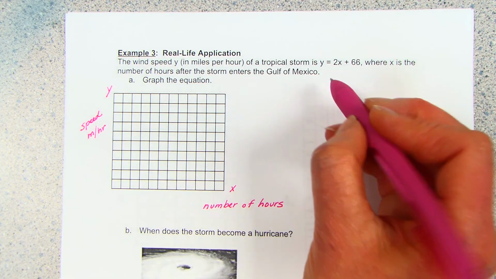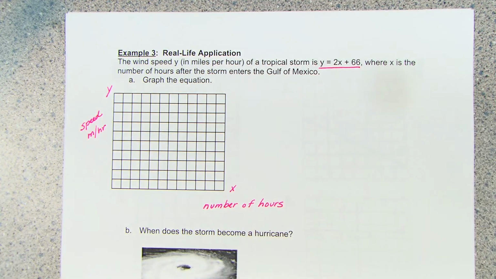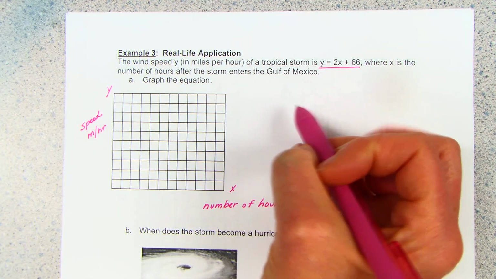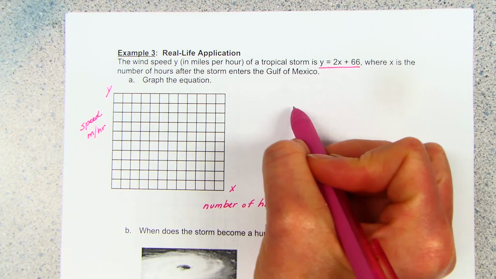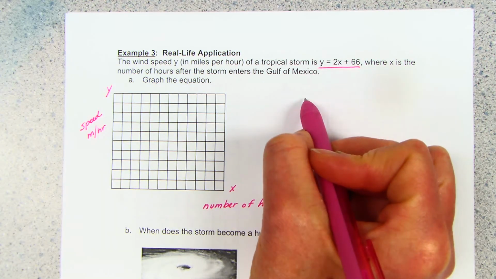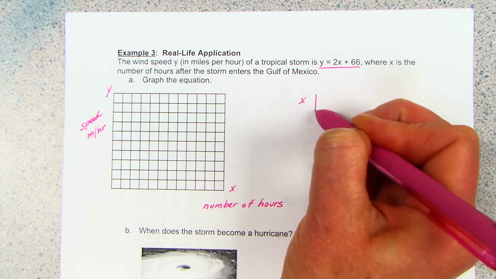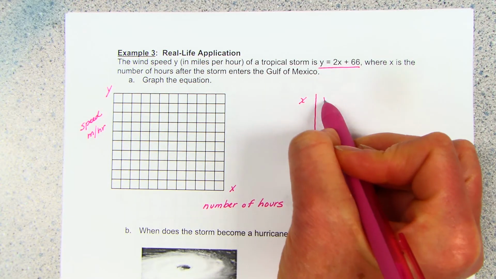Right? And then here's the equation that you're going to use. So we're going to start by making a table of values. Yes, I want to do it like that. Okay, x and y.